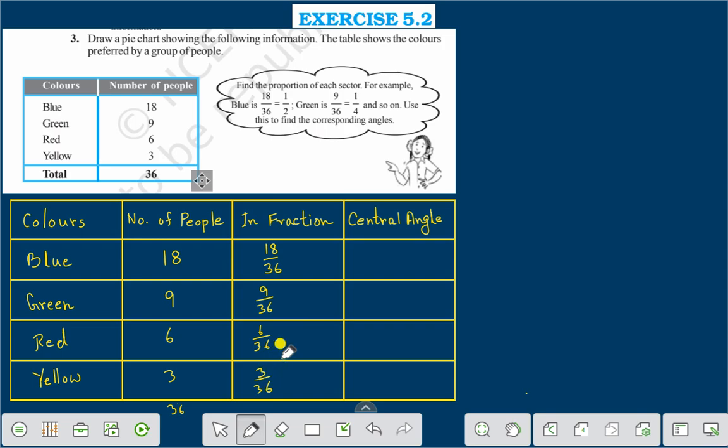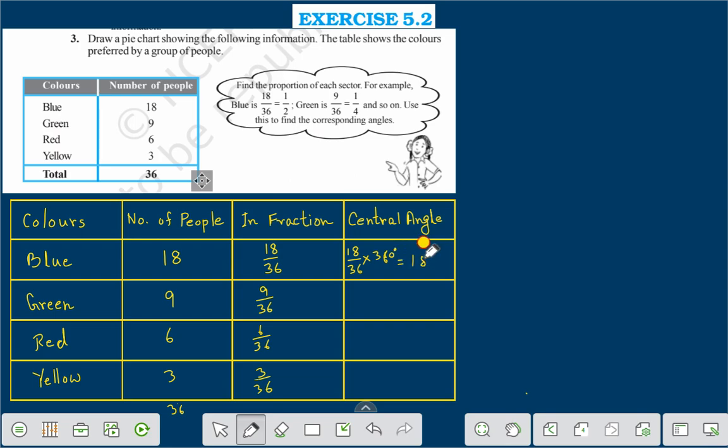(18 by 36) into 360 degree. Then we are getting 180 degree.